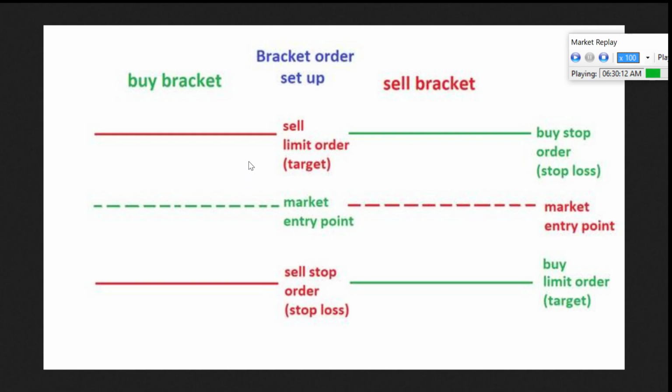So it's a long trade, and if it hits the sell limit order, that would get me out of the trade at a profit. And on the other side of the market entry point is a sell stop. So if the trade were to go against me, this area to the sell stop here is the loss I would incur.